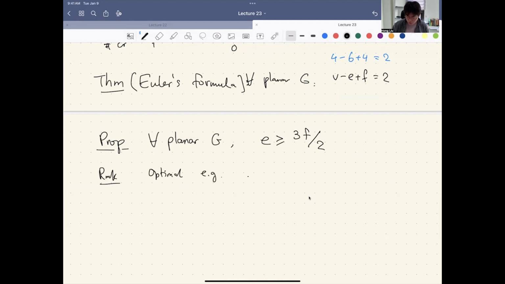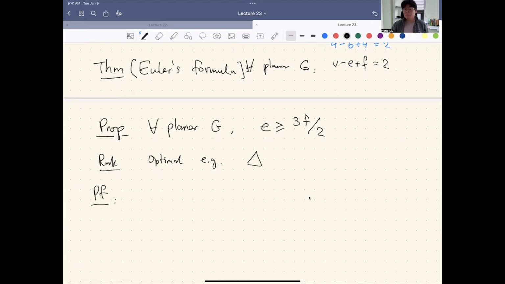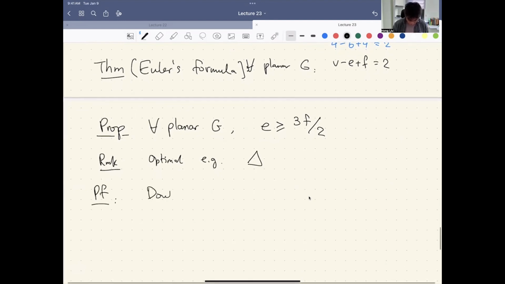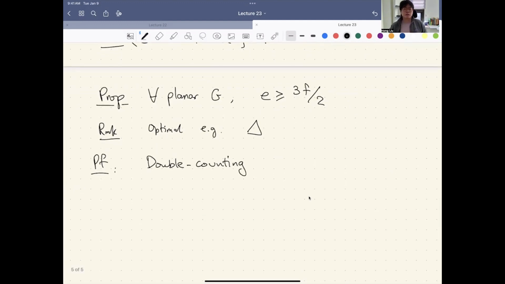The proof of this is simple: double counting. How do we do double counting? Let's look at the relation between edges and the faces that contain an edge.